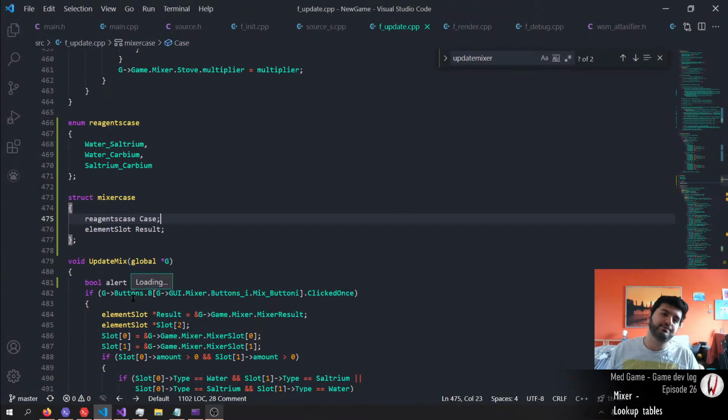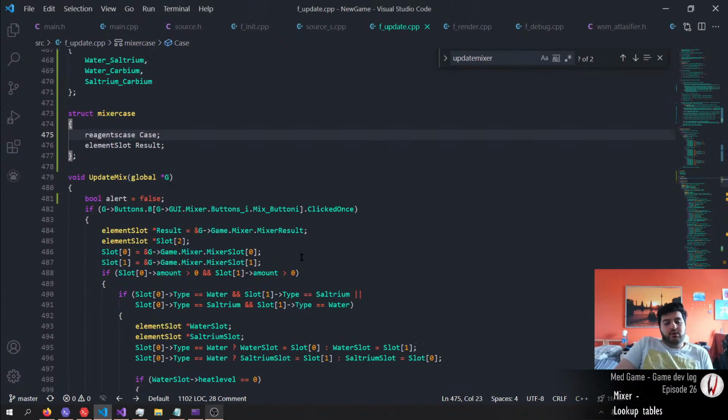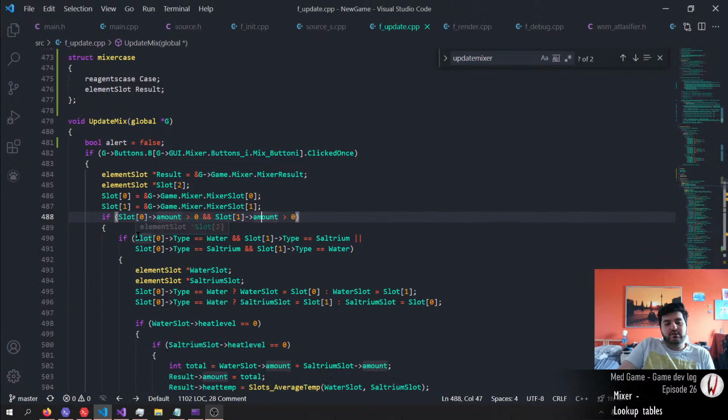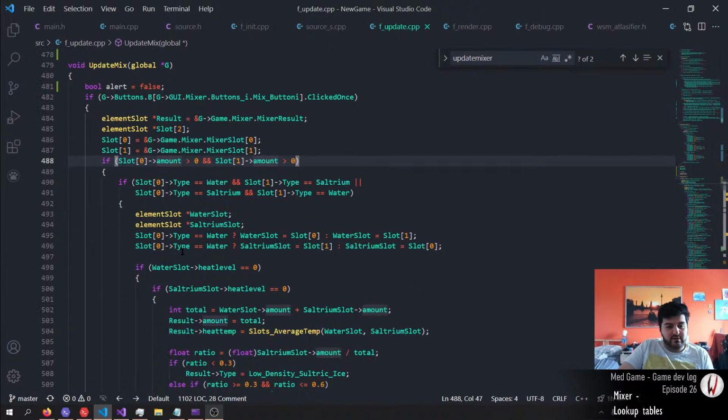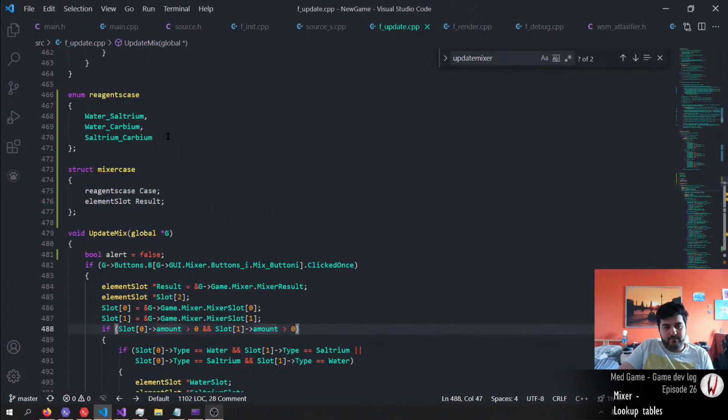How do I deal? The amount is over 0. That's a case, of course. Now this will give us a case. Actually this could work, because if the case is water saltrium, then first one, second one.